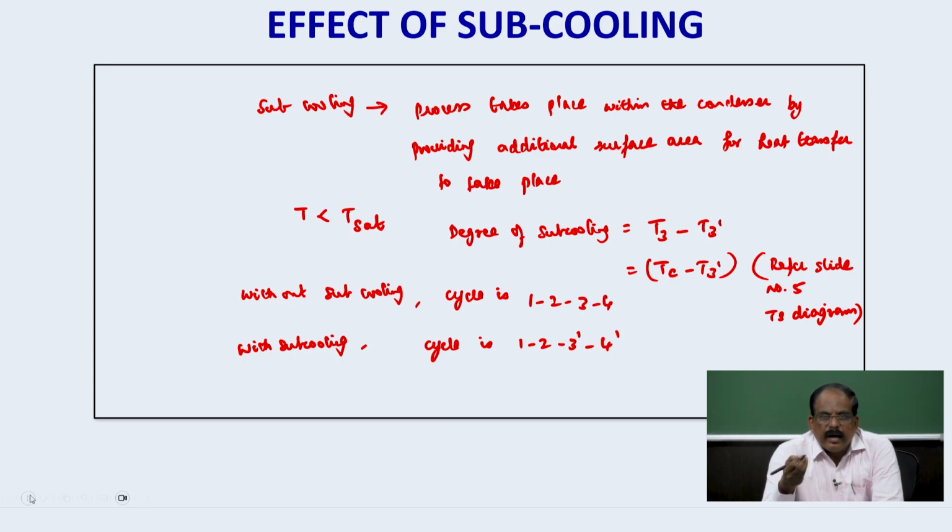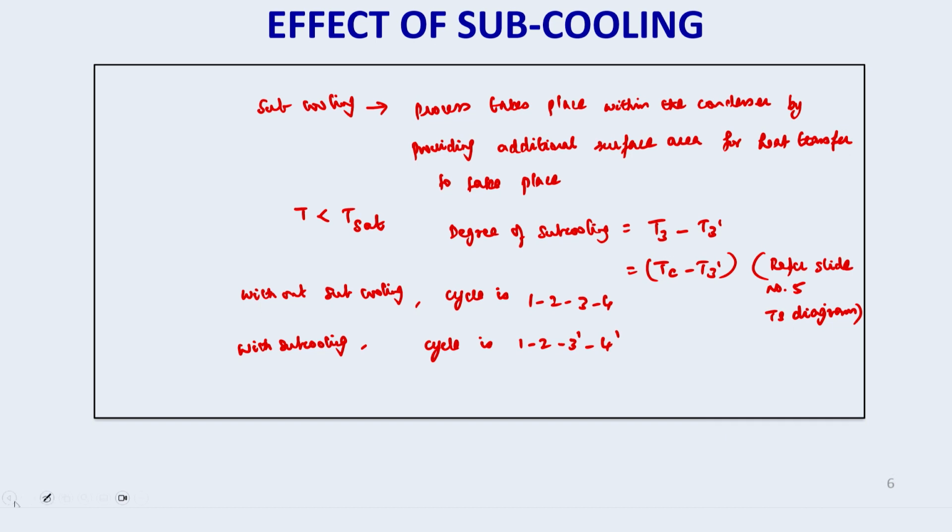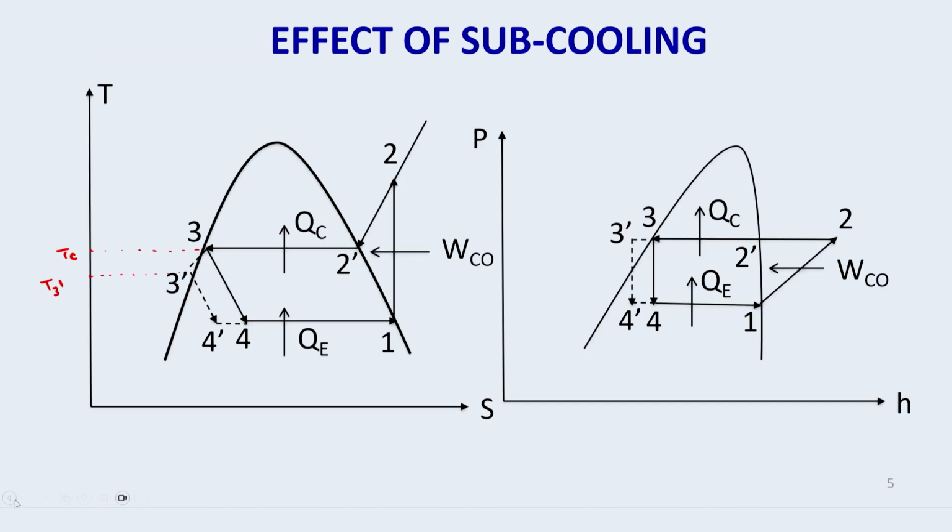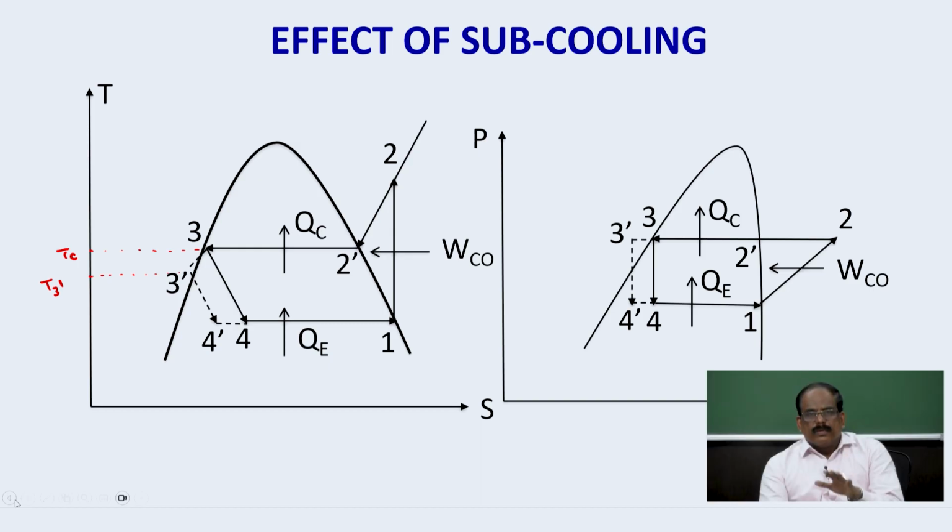How does it impact the COP of the system? If we take the diagram, the subcooling process reduces the losses due to throttling. That is another advantage of the subcooling process.